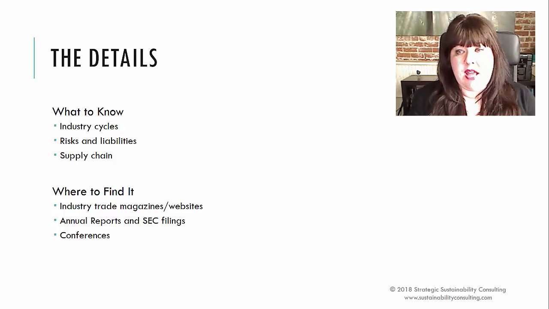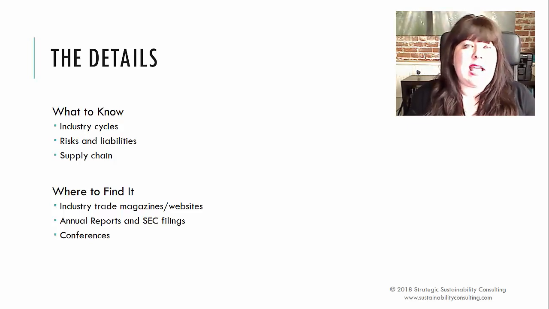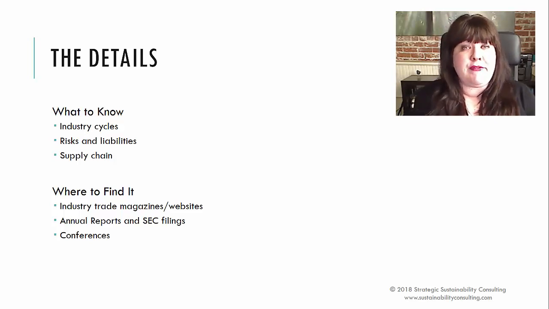The second part you need to know is about risks and liabilities. This is about the type of pressures that your company's legal team and top executives are thinking about. So in some industries, they may have a lot of environmental liabilities, things like Superfund sites or contaminated land that needs to be cleaned up over a series of years, potentially costing millions of dollars.